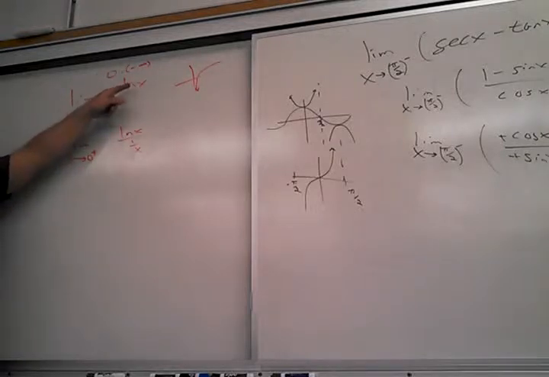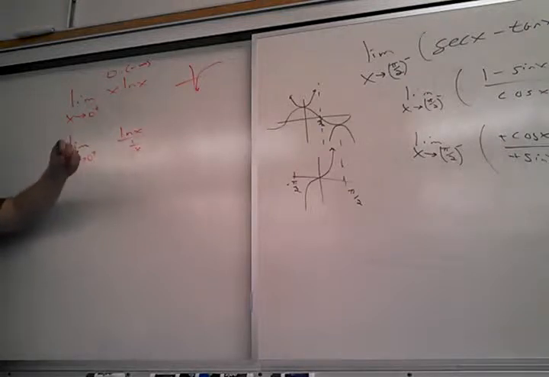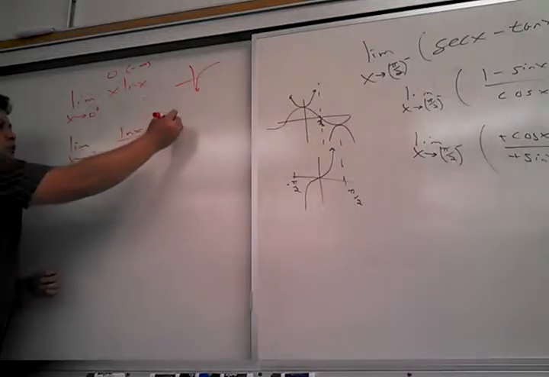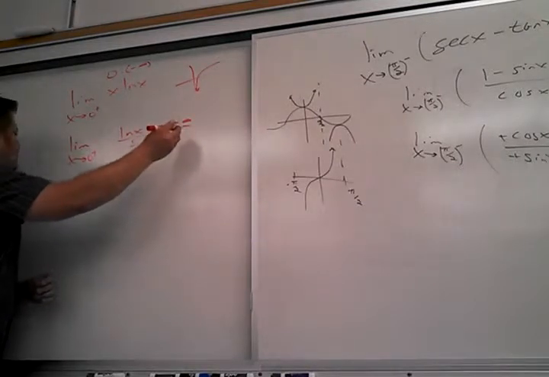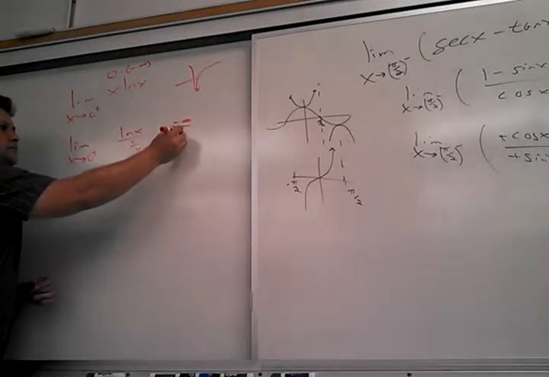Now, I could have taken natural log of x and made it 1 over natural log of x on the bottom. I probably would stay away from that. Its derivative would actually be uglier than it is. So I want my derivatives to become nicer as I do this. So I can apply L'Hopital's now, because now this is going to be negative infinity over... 0.